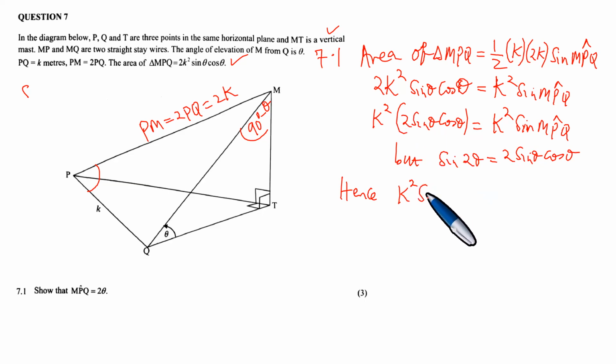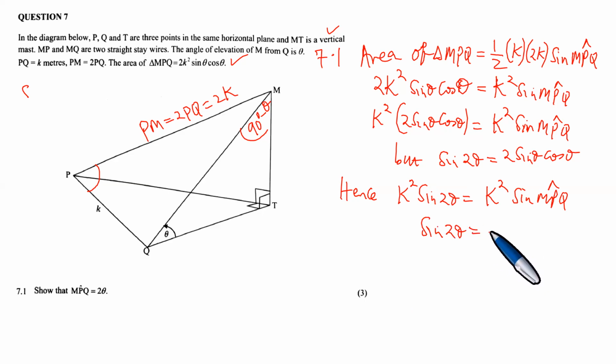So this is sine 2 theta, which is exactly the same as K squared, the trigonometric sine of MPQ. We divide by K squared on both sides, and we get that the sine of this is equal to that.